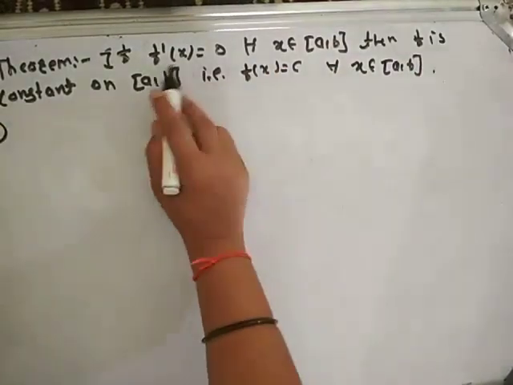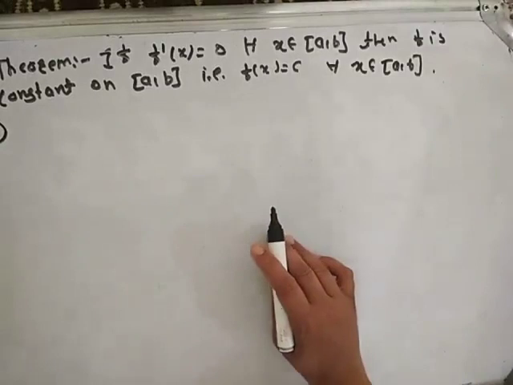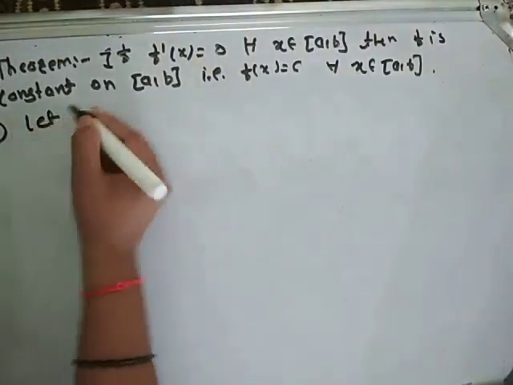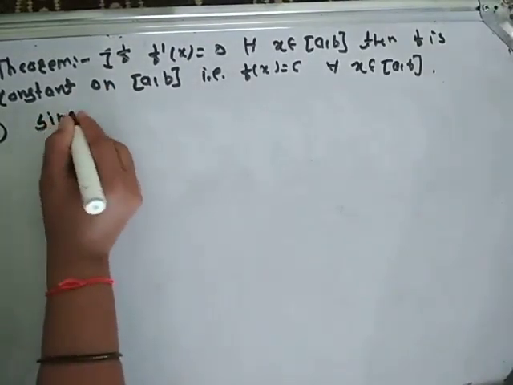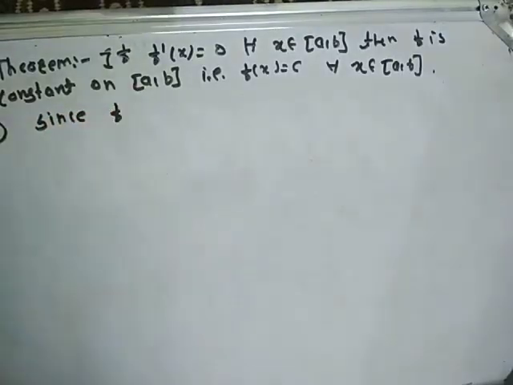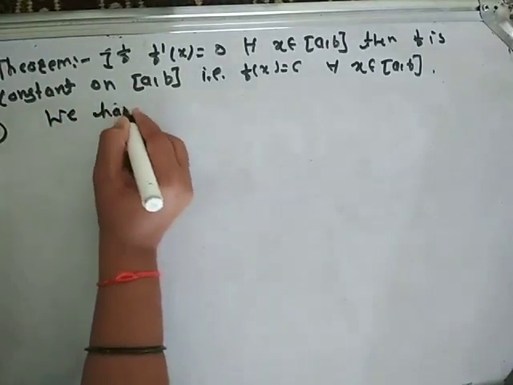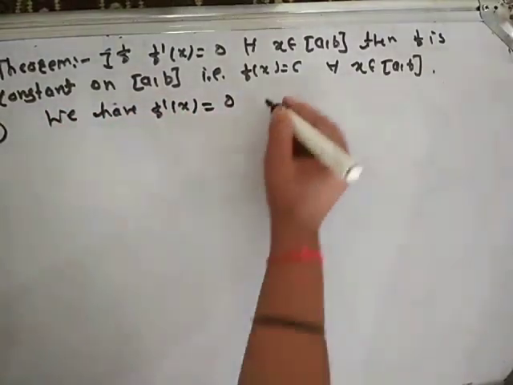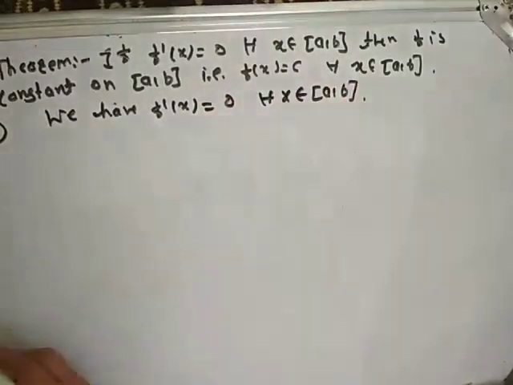We know that if the derivative of a function is 0, then that function is constant. But here we have to prove this. Actually, here we can't say let, because it is already given, so we have f'(x) equal to 0 for all x belonging to closed interval [a, b].